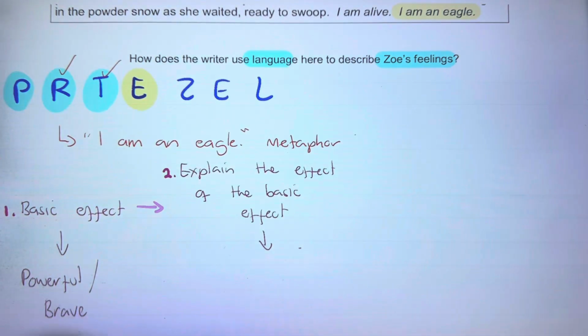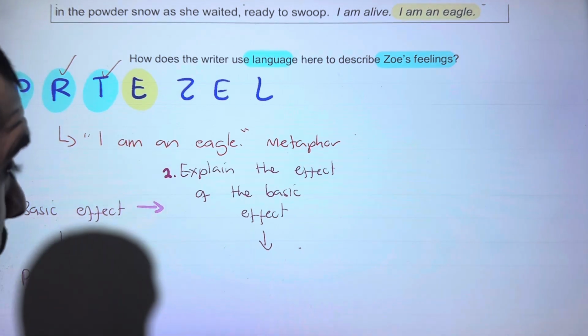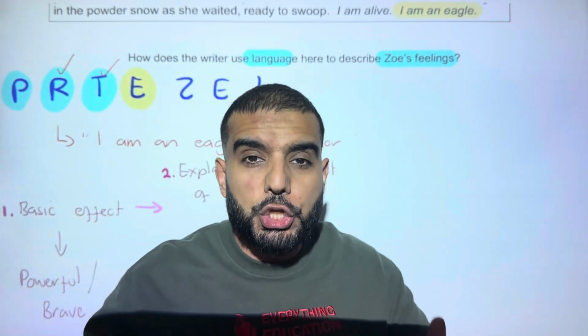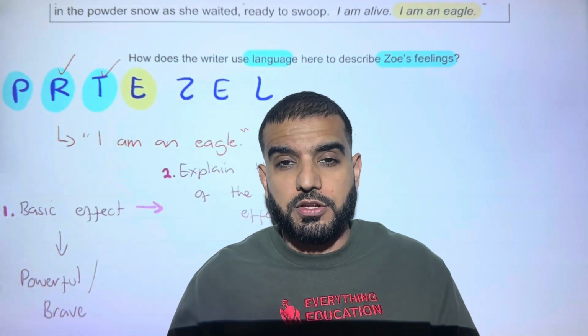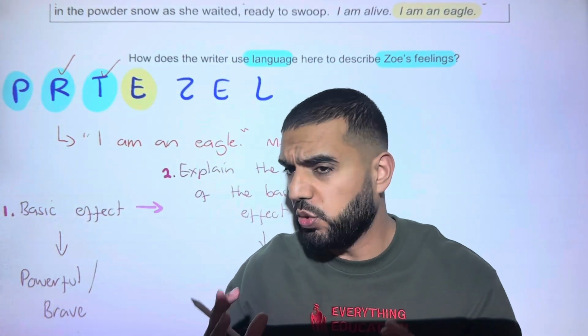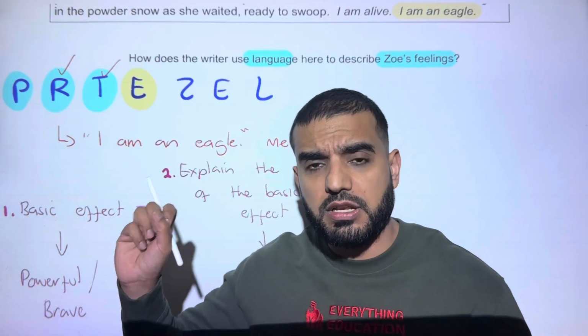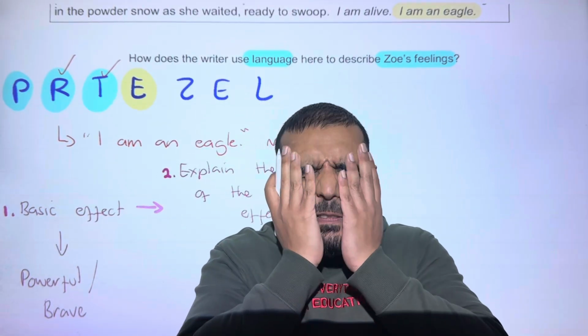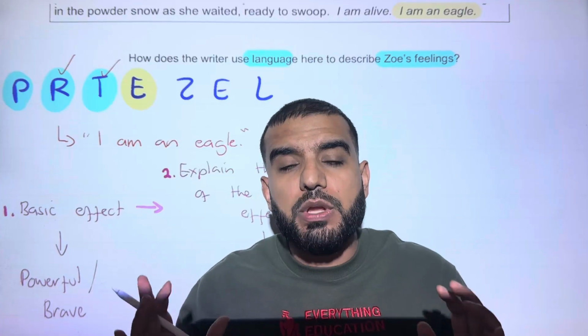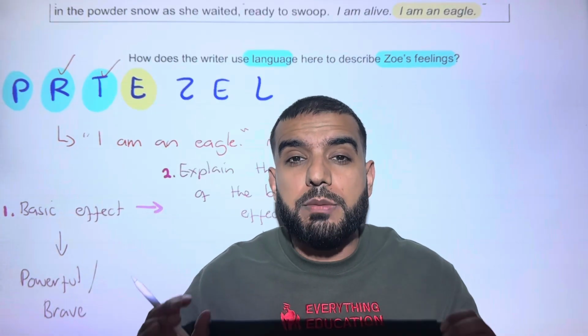The way we elaborate our response, guys, the way we add detail to our response is we work on ourselves. What do I mean by that? You analyze your own effect. So, my first effect was that Zoe is powerful, Zoe is brave. Okay, fine. What's the effect of Zoe being powerful and Zoe being brave?